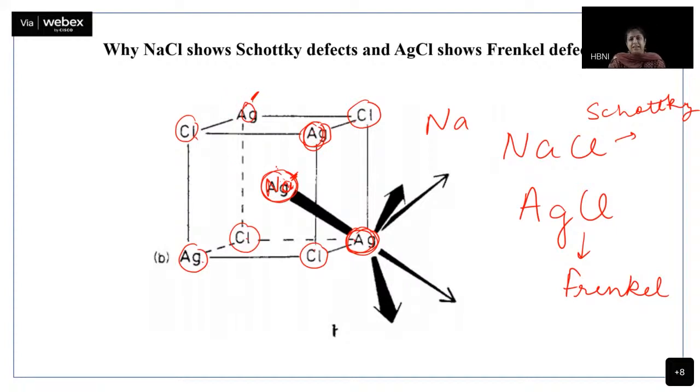That means energetically, in case of AgCl, because defect has to be created, still Frenkel is okay. But for NaCl, if I was about to create a Frenkel defect, that would be energetically not favorable for it. It would have been very uncomfortable. So that is the reason NaCl shows predominantly Schottky defect and not the Frenkel defect.